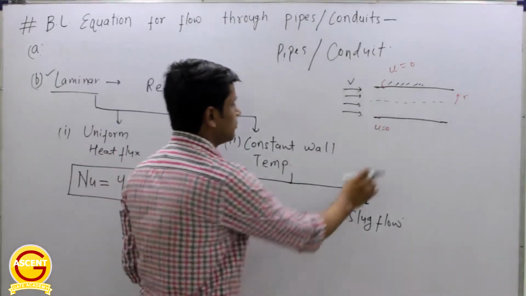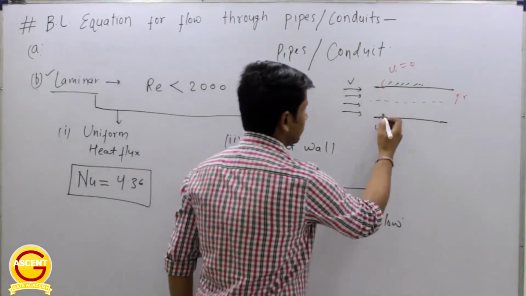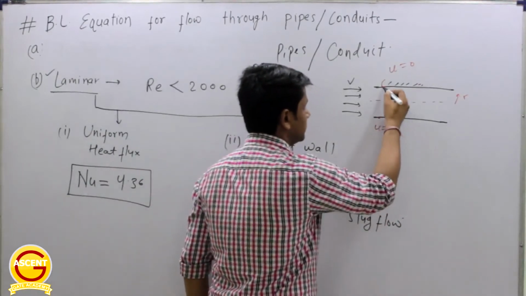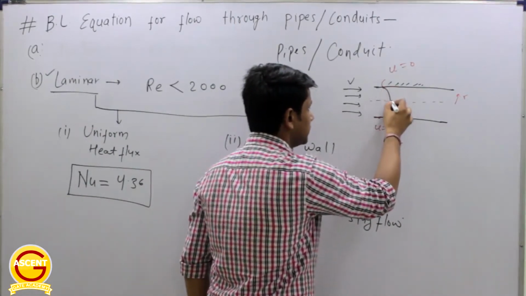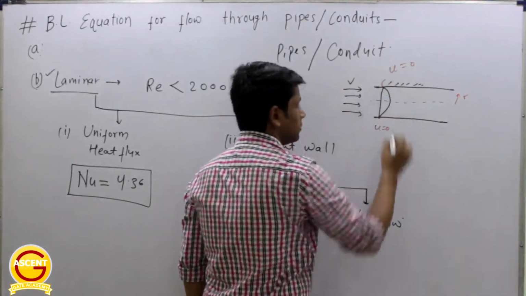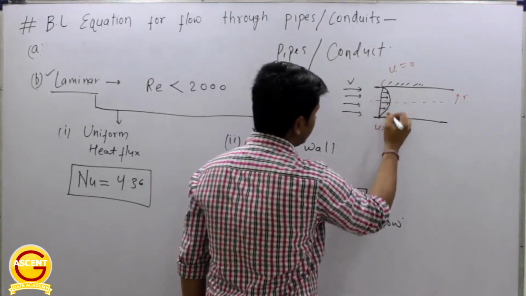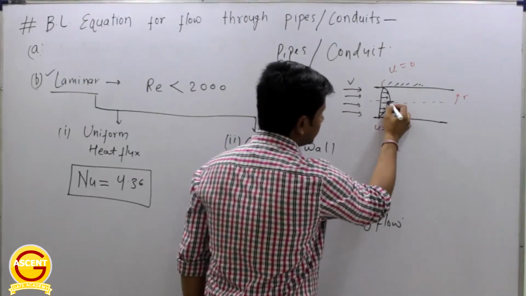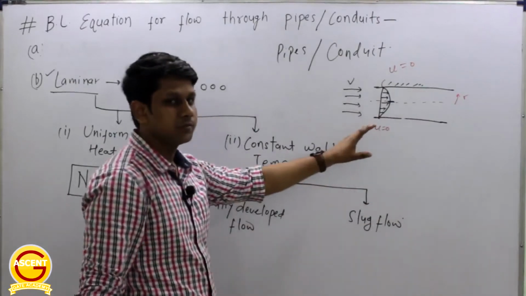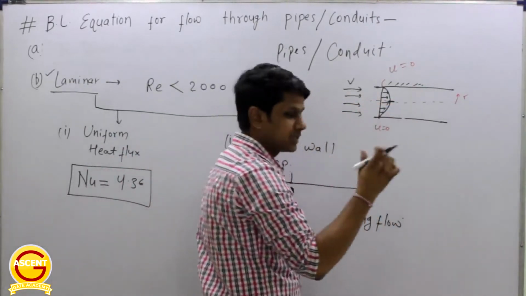But as we move farther from this surface, the velocity of fluid will gradually increase, right? So this will be some velocity profile. Okay. So this may be some velocity profile for this fluid, and at the radius equal to 0, means at the middle, the velocity is maximum, I am sorry.